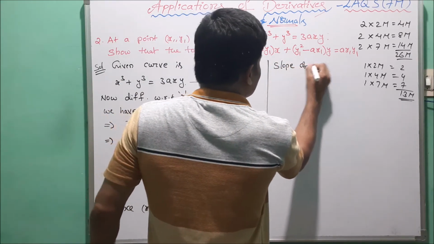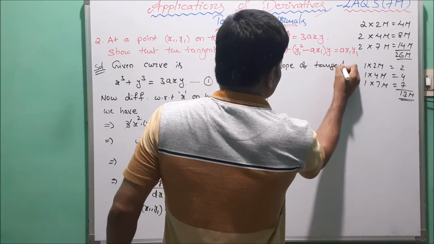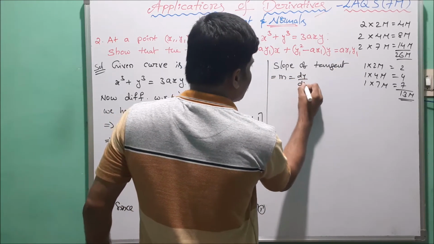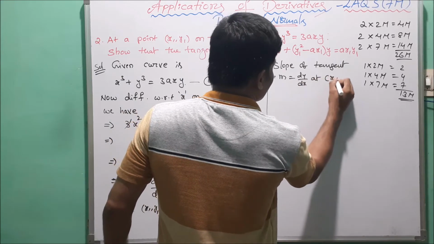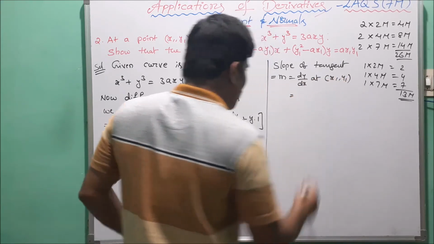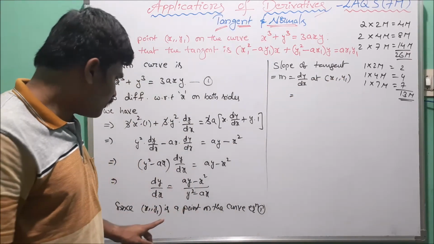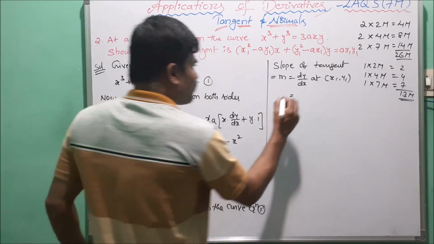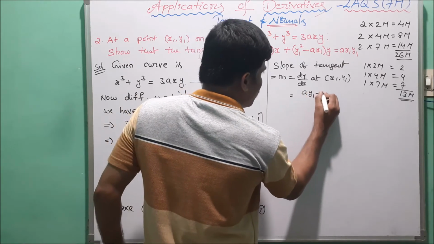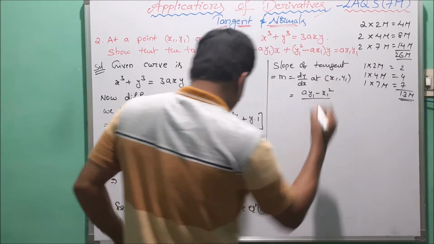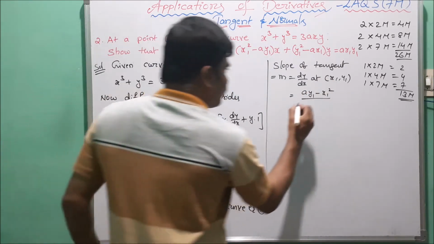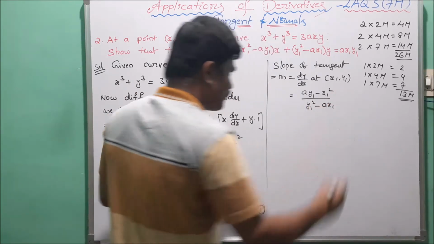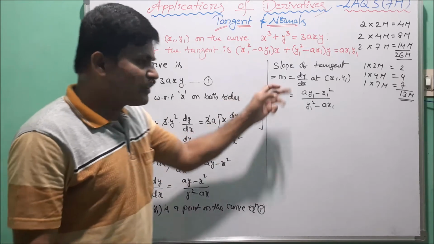Slope of tangent can be denoted as small m, that is dy by dx at the point x1 y1. Now already found dy by dx value. Here substitute x1 y1 in that value. Ay minus x square means ay1 minus x1 square by y square minus ax means y1 square minus ax1. So this is the slope.